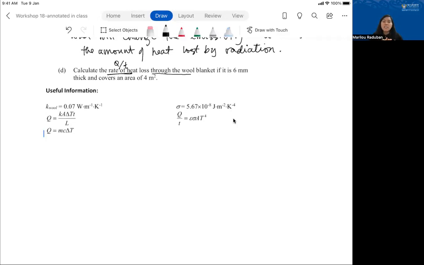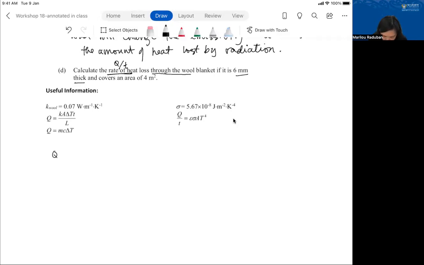That means heat needs to go through the wool blanket, and then you have a thickness of 6 millimeters. So if you're thinking about the different heat transfer mechanisms, the only type that involves some thickness is heat transfer by conduction, right? Because in conduction, heat will have to go through a certain thickness to transfer from one object to another.